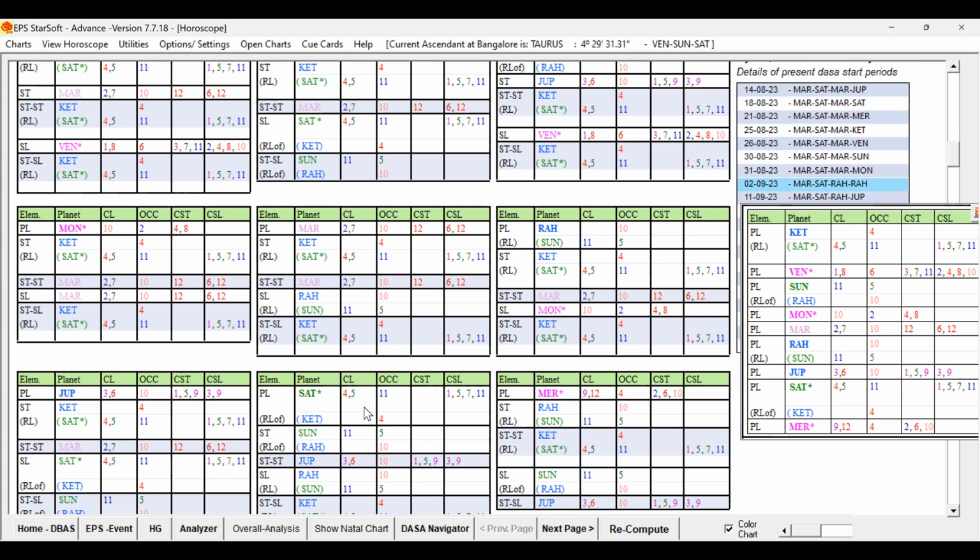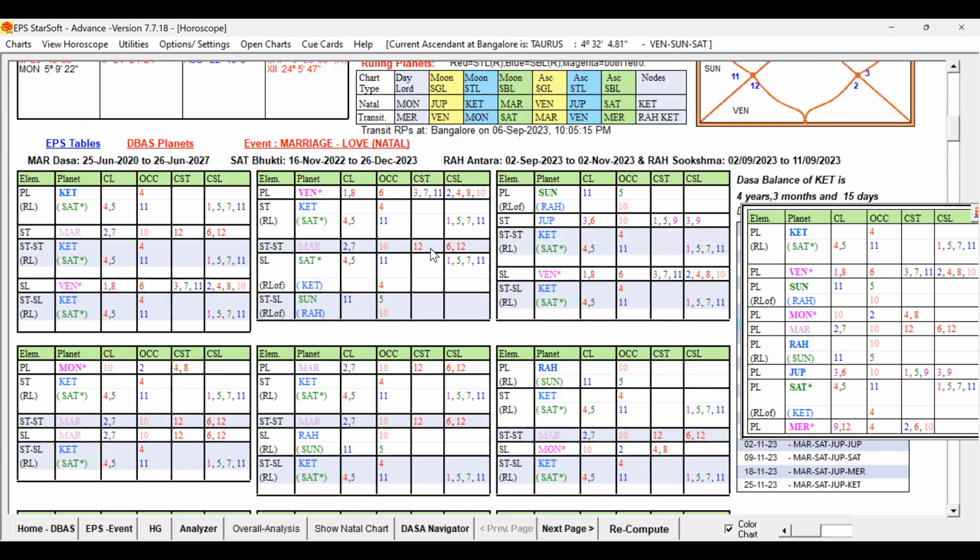But looking at the rulers, Saturn is also good only, but the star level and sub-level have the same planet repeated. So that way, it has some weakness. And Venus as source is weak, but the star level and sub-level are very good. Compared to Rahu, Venus is better there, but because of the first level planet, Rahu is better.